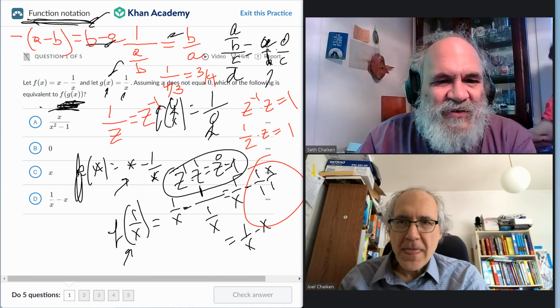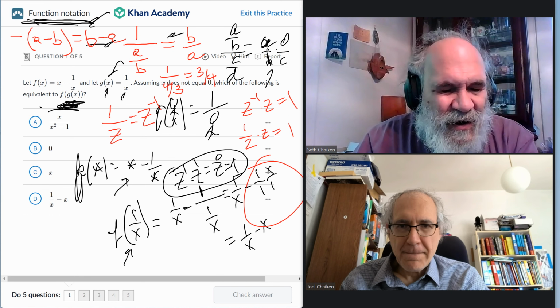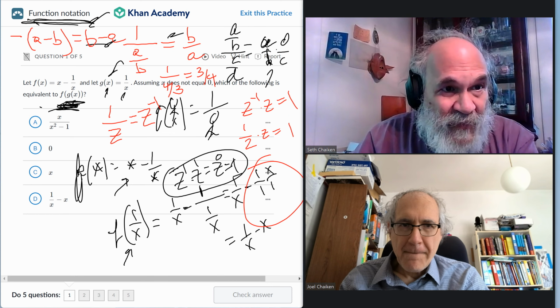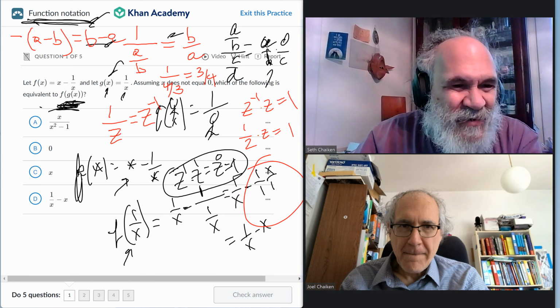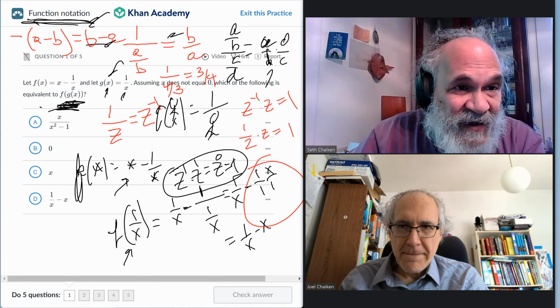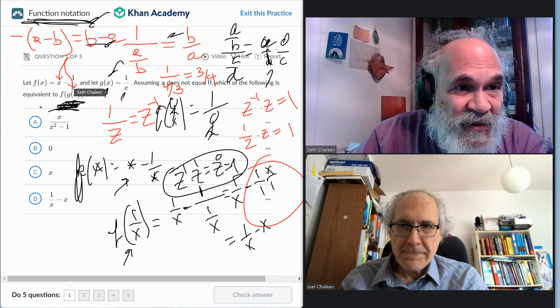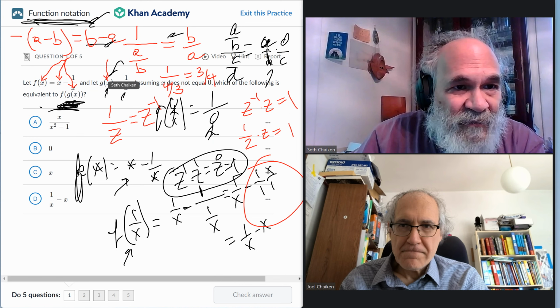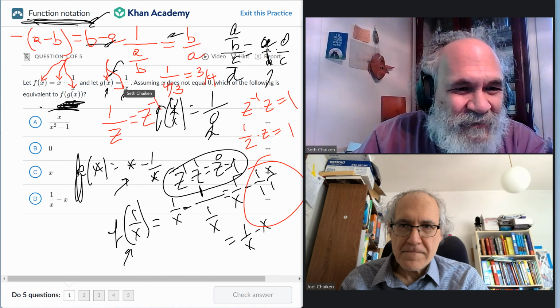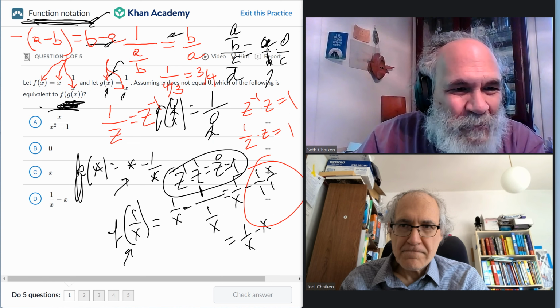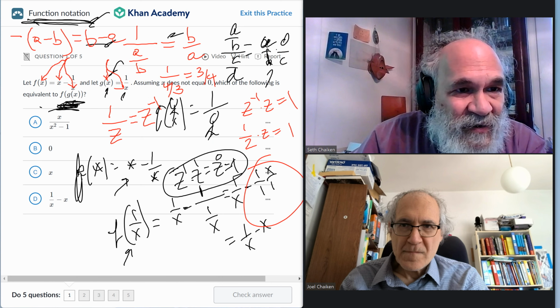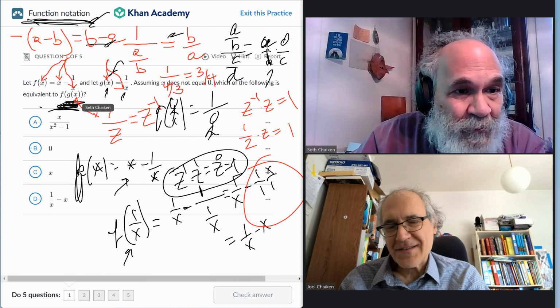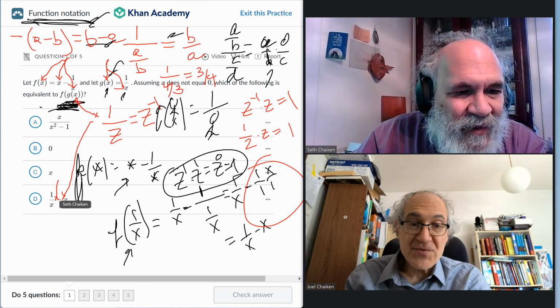The trick is that the same symbol x is used for three different purposes. That's the potentially confusing thing.